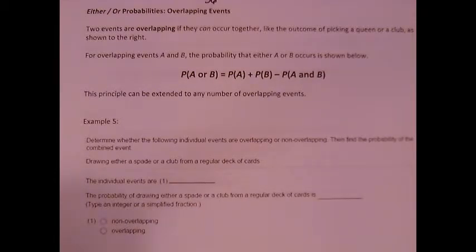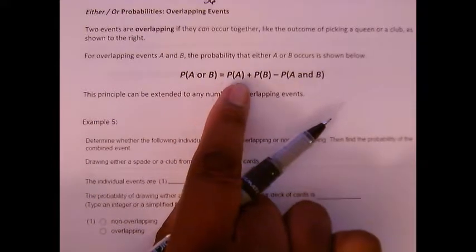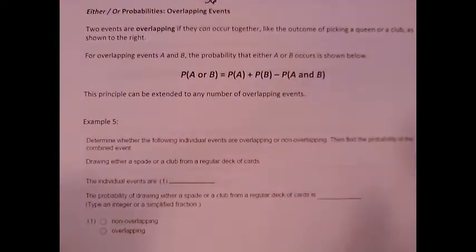For overlapping events A and B, the probability that either A or B occurs is shown below. So here the probability of A or B is equivalent to the probability of event A added to the probability of event B minus the probability of A and B occurring. That probability represents the overlap. Okay.